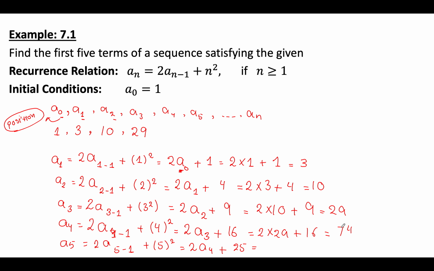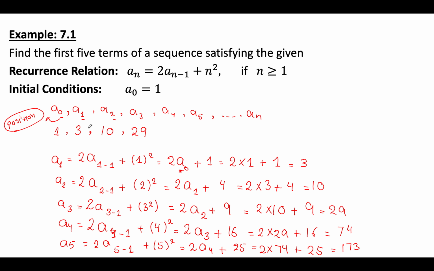And here we got that A4 is equal to 74, so 2 times 74 plus 25, and this is equal to 173. Now from here we got the first 5 terms beside the initial condition.